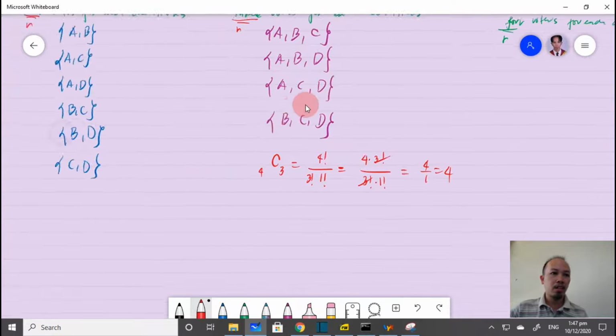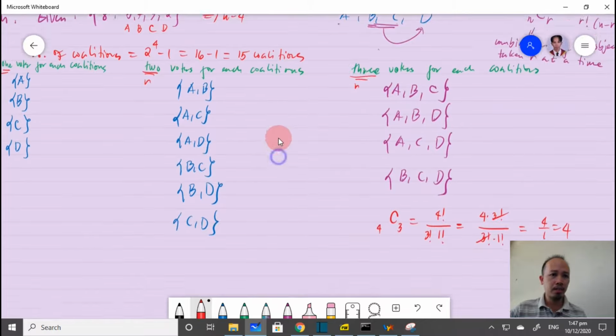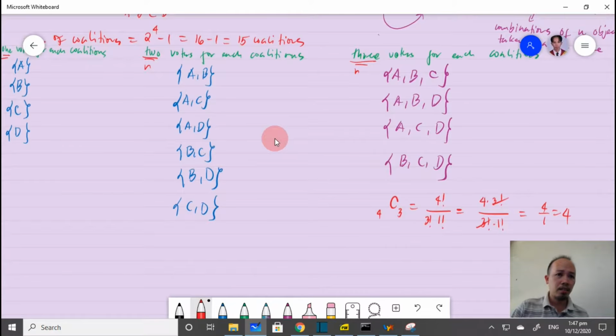So in here also there are 6 coalitions. Are there missing coalitions here? Let's try to compute. So we have C of 4 taken 2, since our r is 2. So we have 4 factorial divided by 2 factorial times 4 minus 2, which is 2 factorial.